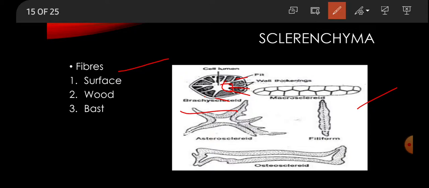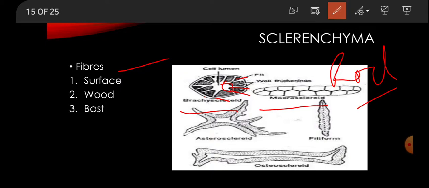This is the brachysclereid, and it is also called stone cells. Next is macrosclereid. What do we call macrosclereid? Rod cells. Why rod cells? Because they have an elongated rod-like shape and they are present in the outer seed coat layers. Example is pea. The sclereid present inside a pea, we call macrosclereid.